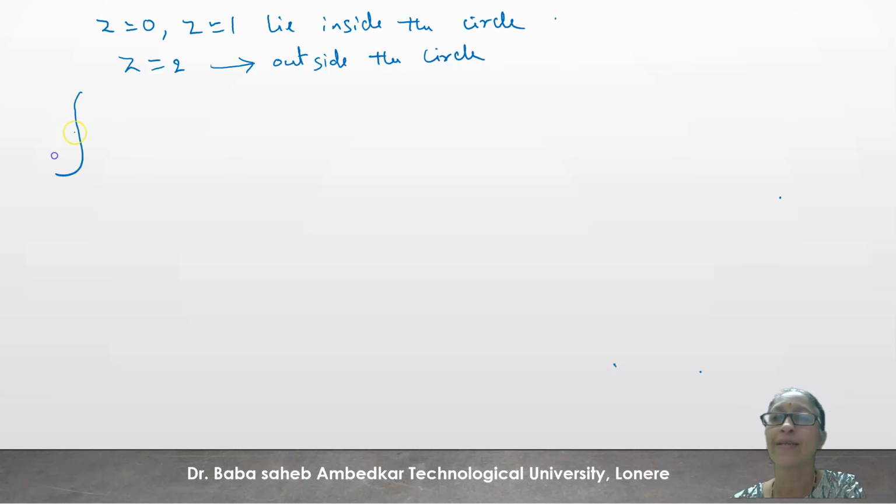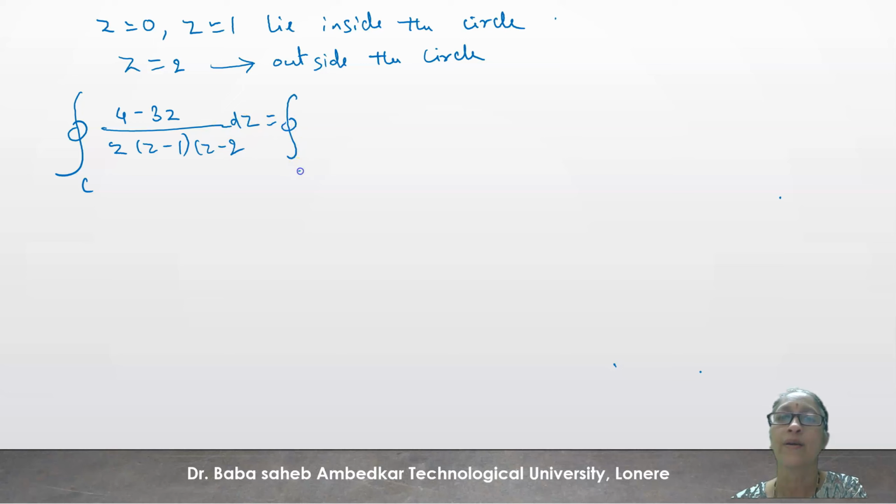Now let us evaluate the integral. We can write this integral (4 minus 3z) by z into (z minus 1) into (z minus 2) dz as a sum along C1, C2 and C3. If we consider the pole z equal to 0, then while writing this integral, z comes in the denominator.